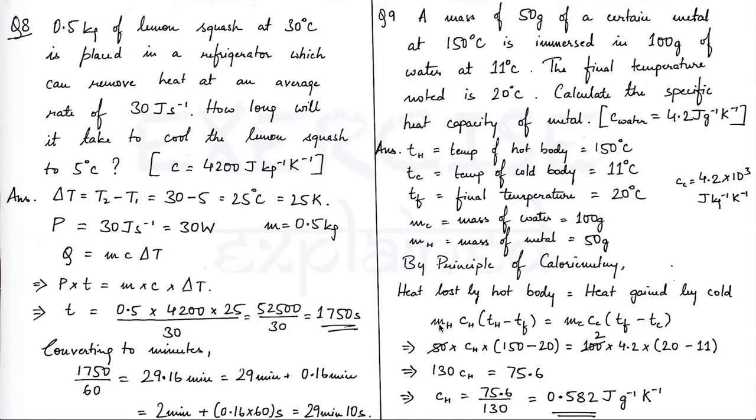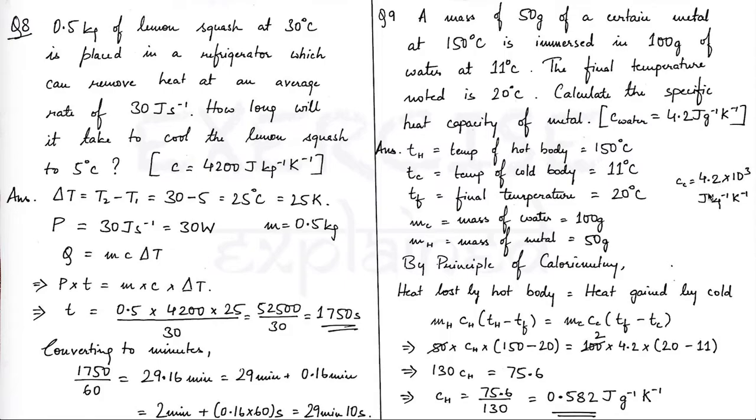We just substitute the values. Mh is 50, so that comes as 50. Ch, we need to find the value of Ch, that is the specific heat capacity of the metal, into Th is 150 Celsius, so I have written 150, minus Tf, that is final temperature, is 20, is equal to the mass of cold body given in the question as 100, into the specific heat capacity of water or cold body, given as 4.2 joules per gram per Kelvin.